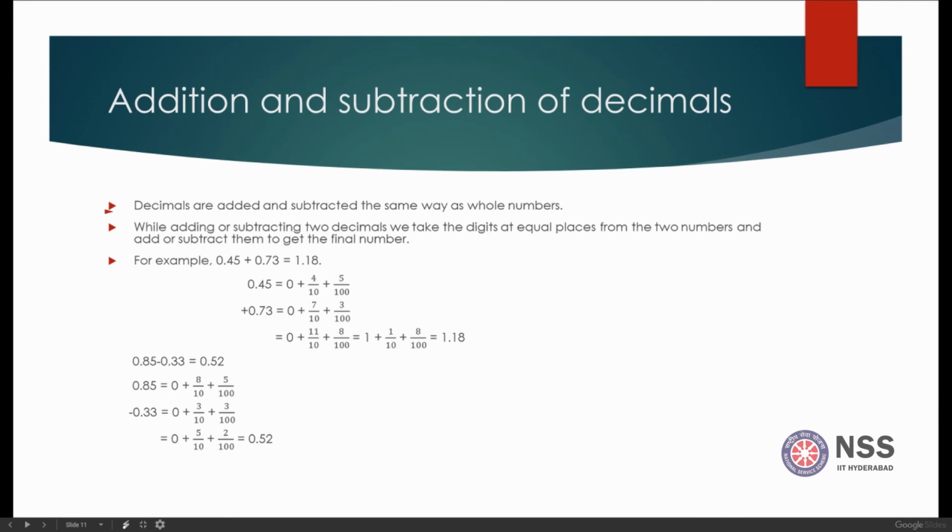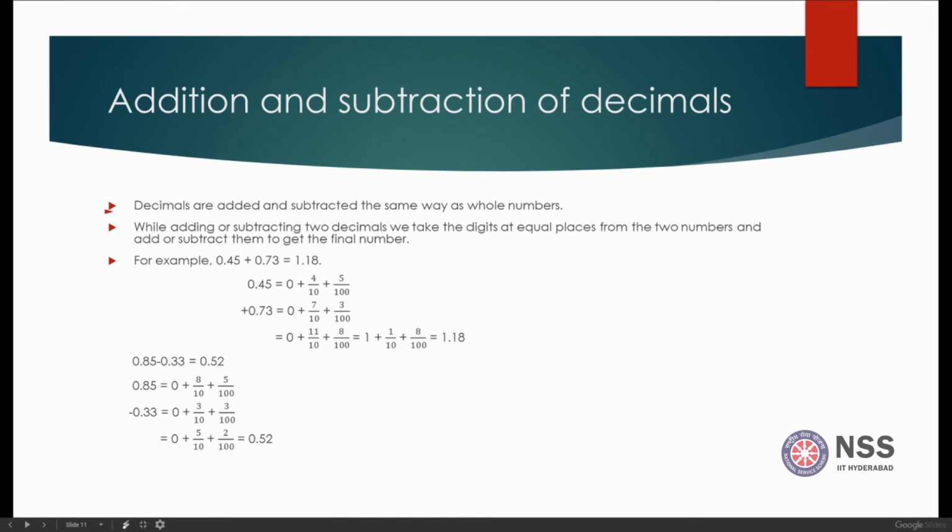For example, there is no difference between 0.45 and 0.450. And there is no difference between 2 and 2.0. So, to match things, we add zeros and we do the subtraction. And obviously, additions and subtractions also follow the same rules as whole numbers, like carrying and borrowing.